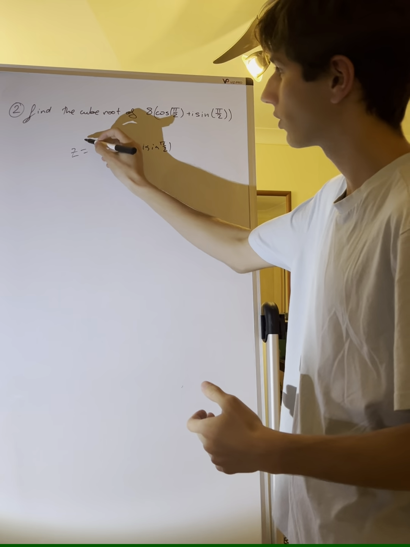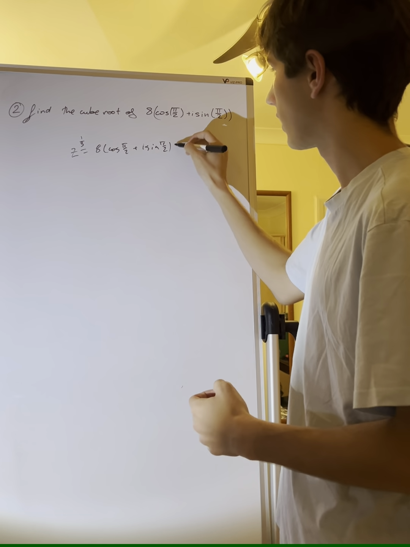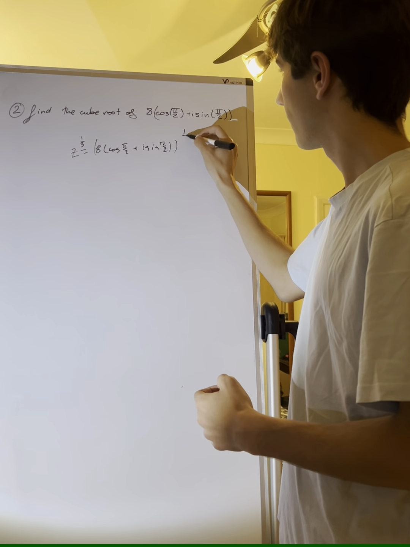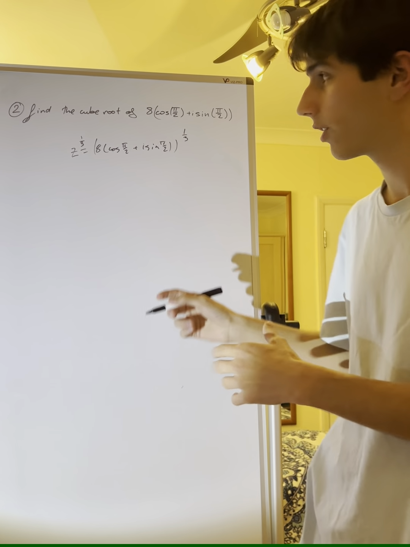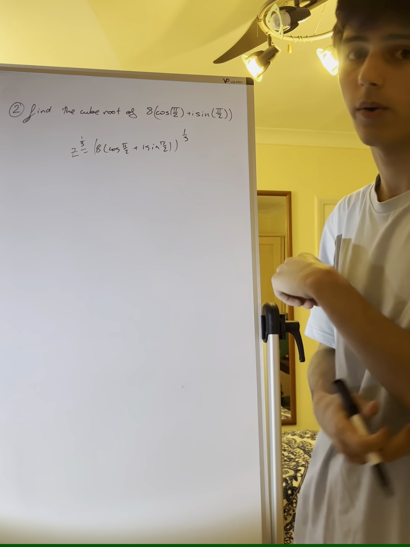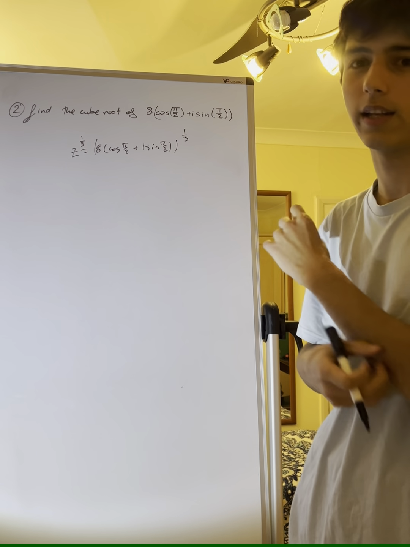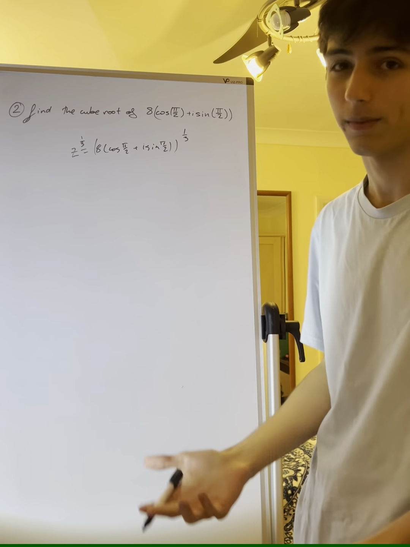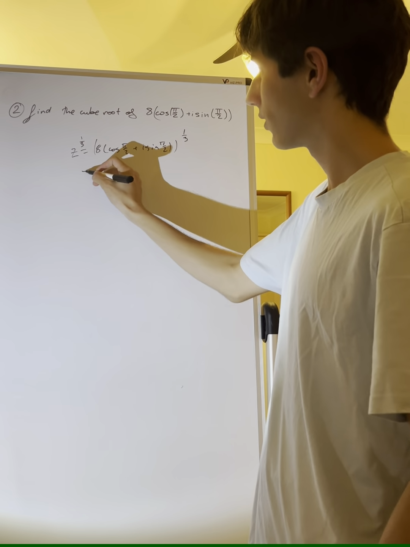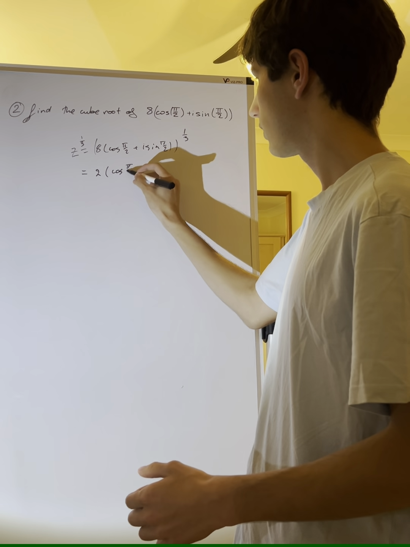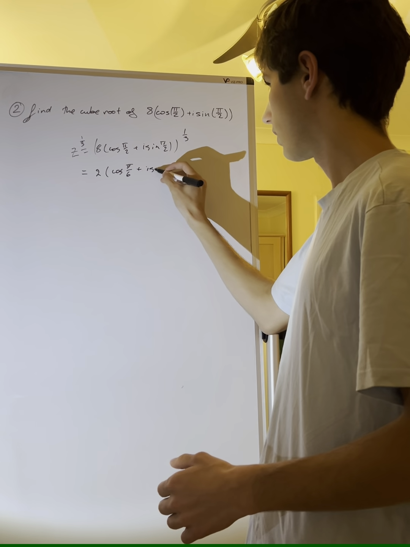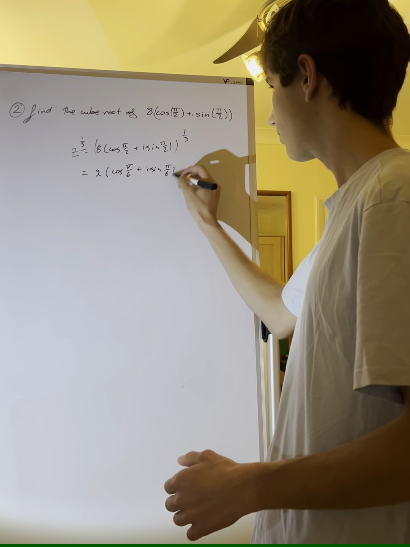And we can use the same theorem to say that we can take the modulus, raise it to the 1/3, and we can take each angle and divide it by 3, or multiply it by 1/3. So this is going to equal 2, and then cosine pi over 6 plus i sine pi over 6.